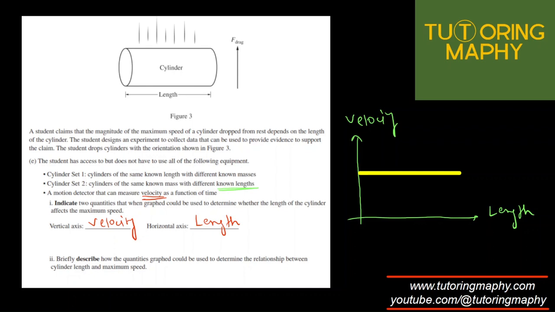Then there will be a relationship between them. There will be a change. So we can say that if horizontal or almost horizontal, it implies no change with length. However, if increasing or decreasing, this would mean that yes, there is a change of velocity with the change of the length of the cylinder. This is what we can say. Right, so I hope this makes sense.